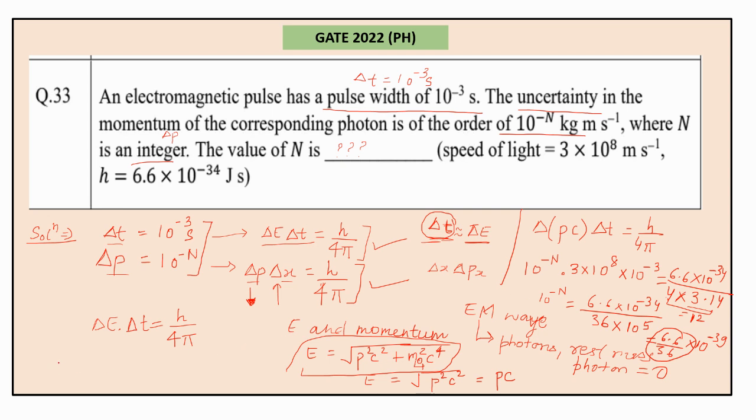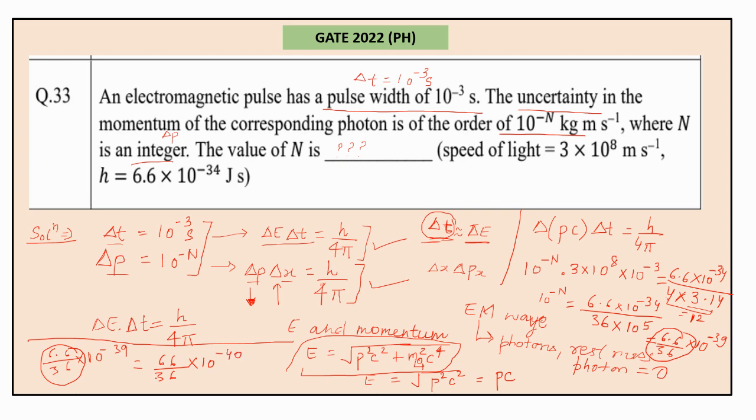I'll write here: 6.6 divided by 36 into 10 raised to the power minus 39. You can see this one is less than 1. Okay, so just move the decimal point to the right side. So 66 by 36 into 10 raised to the power minus 40, right?